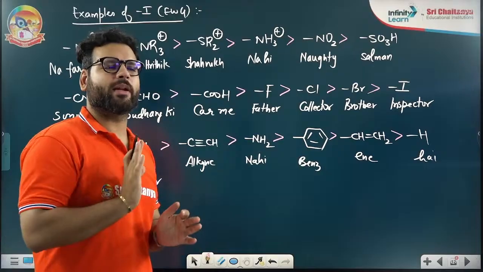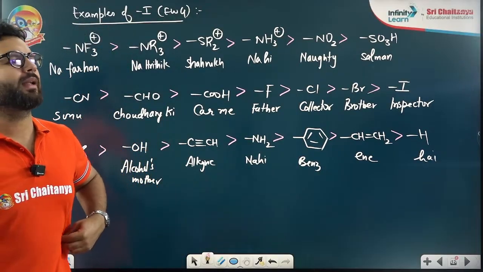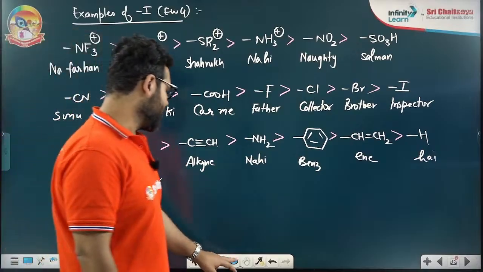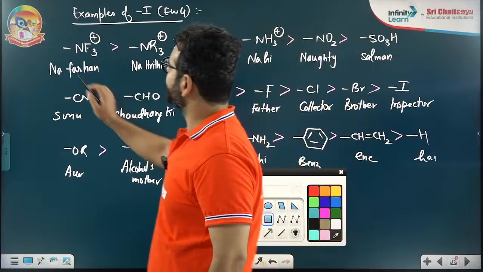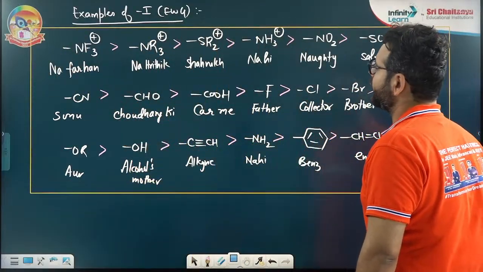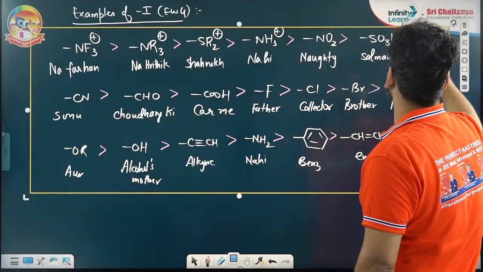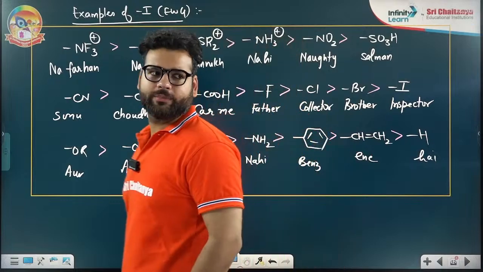Is this clear to everybody? Please tell me quickly. Can you remember it? If you remember it, then many questions will become very easy for you while checking the stability of carbocation, carbanion, or even when you have to check the acidic strength of carboxylic acid.